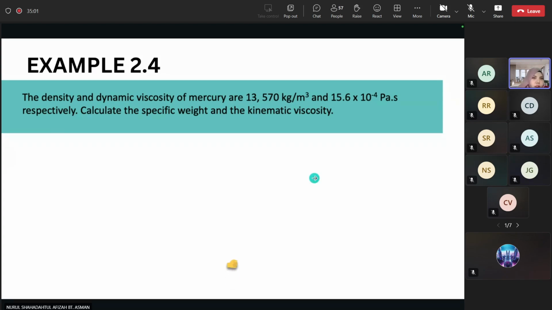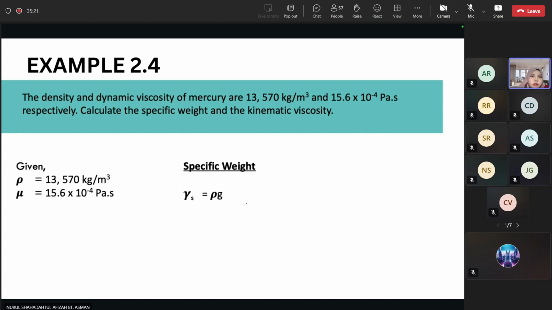We want to calculate the specific weight and kinematic viscosity. Given the density and dynamic viscosity of mercury, this is the given information. We need to calculate the specific weight, which is density times gravity, and density is given.